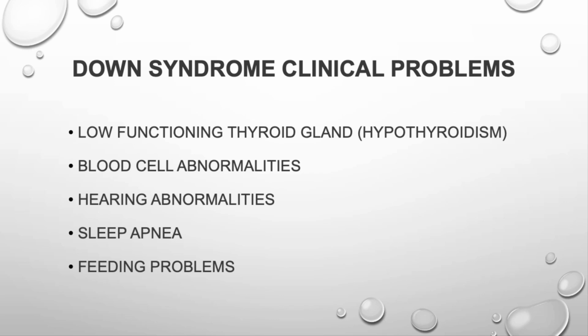Hearing problems, so you need to make sure the hearing is appropriate so you can address it, otherwise it may cause issues with speech delay. Sleep apnea is also common in this condition, often because of the airway and the muscle tone, and as I mentioned to you before, feeding difficulties.